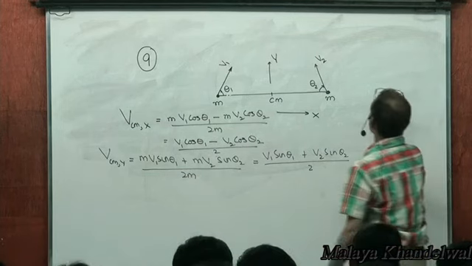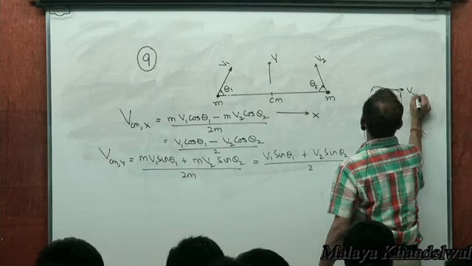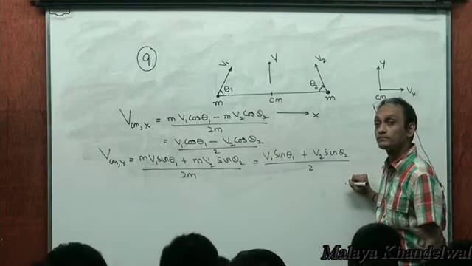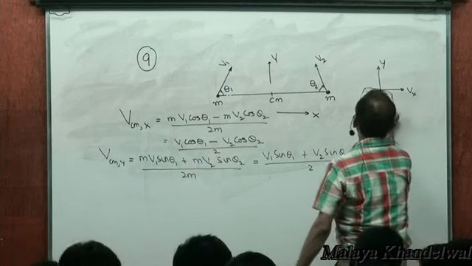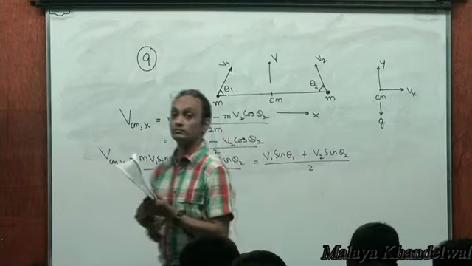Isn't it? So the center of mass then has a velocity vx and a velocity vy at this instant of time, right? And is subject to gravity this way, right?